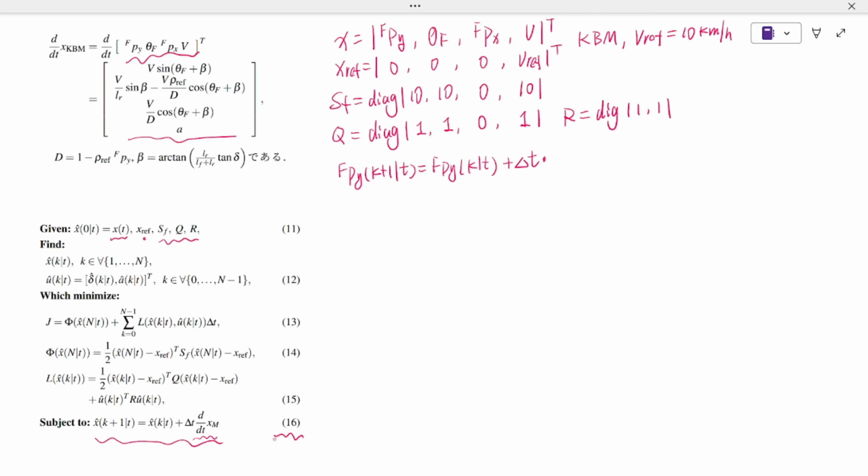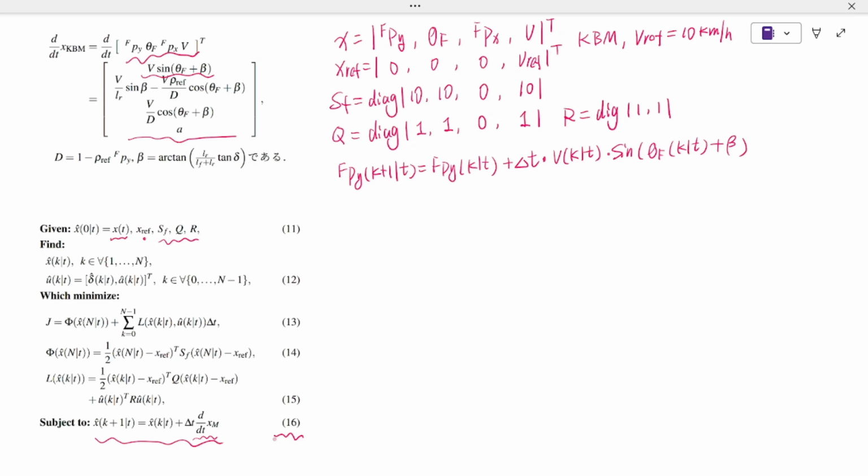So for the fpy, it is v k given t times sine of theta f k given t plus beta.